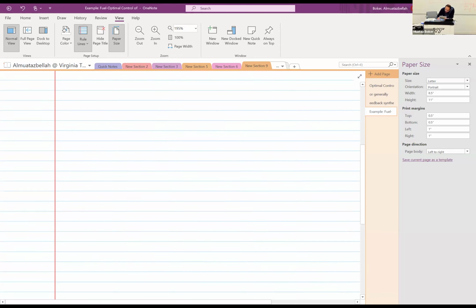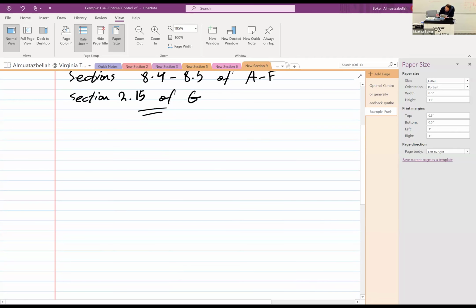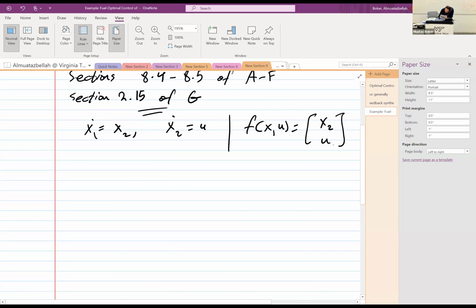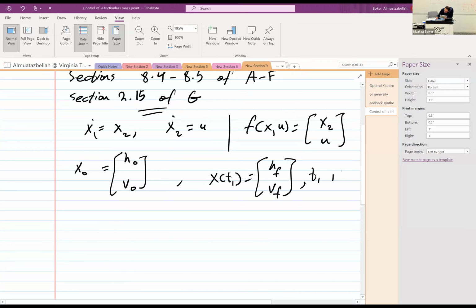So what is this problem? The same system: x1 dot is equal to x2, x2 dot is equal to u, and x at 0 is equal to h0, v0, and x at t1 is equal to hf, vf, and t1 is free.